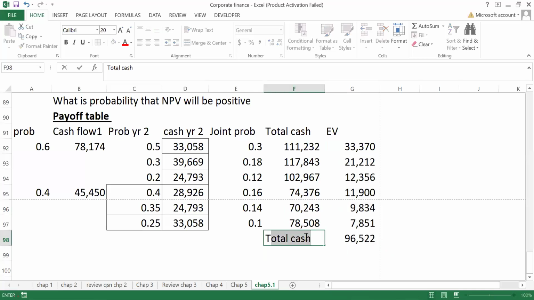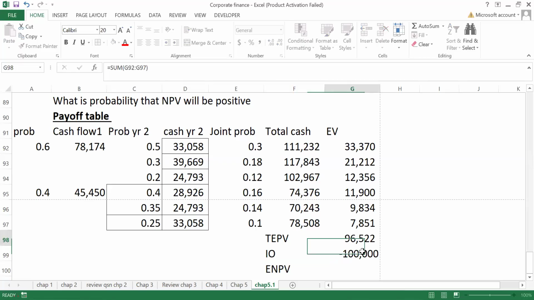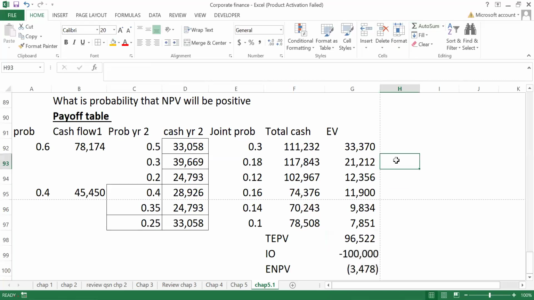This is the total expected PV. And our initial investment I0 is 100. So the expected NPV is this one. I think we are getting the same answer we got in our decision tree.